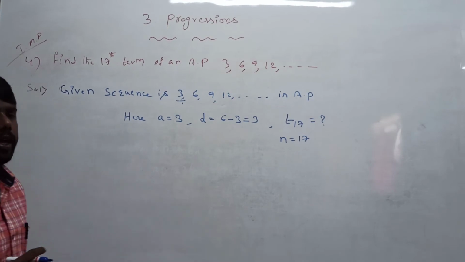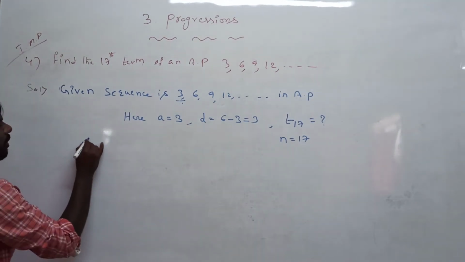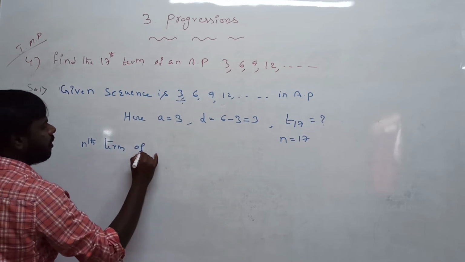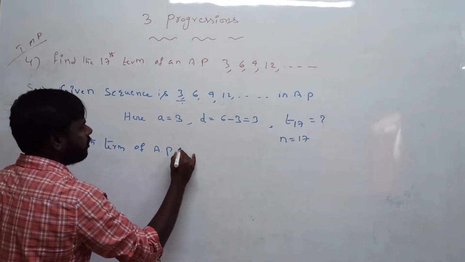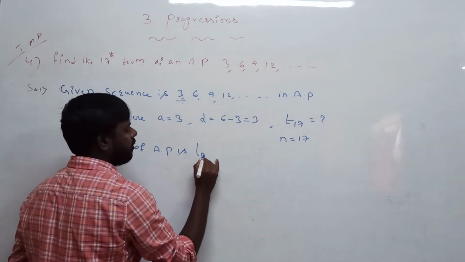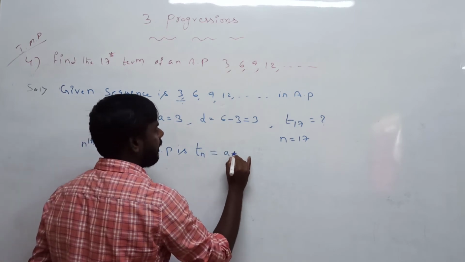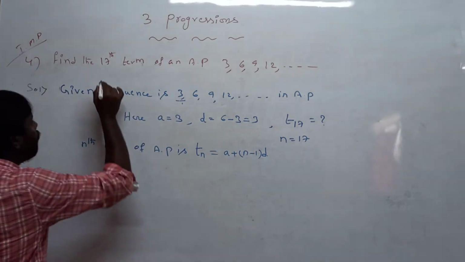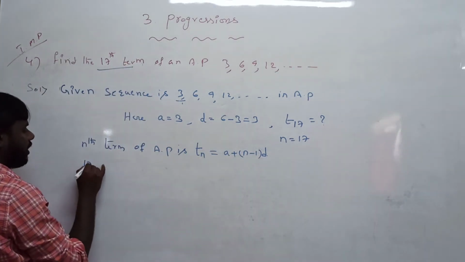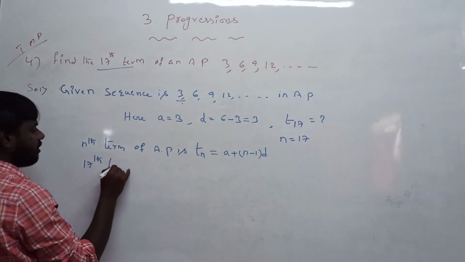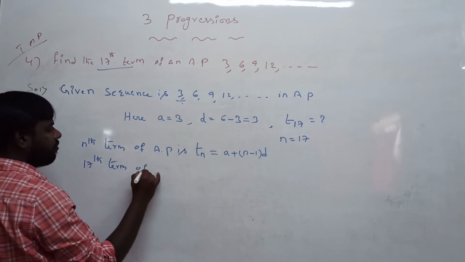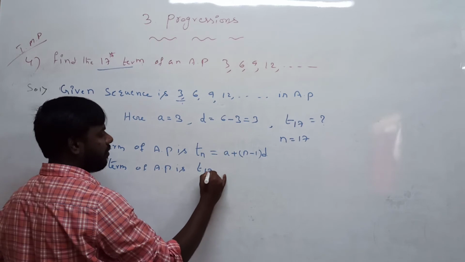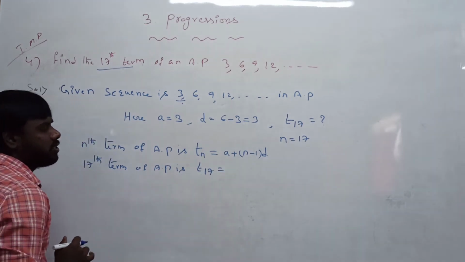Which formula do we apply here? The nth term of the arithmetic progression formula: Tn is equal to a plus n minus 1 into d. What are they asking? Find the 17th term.